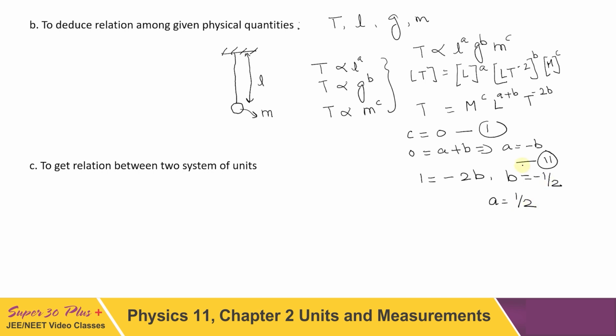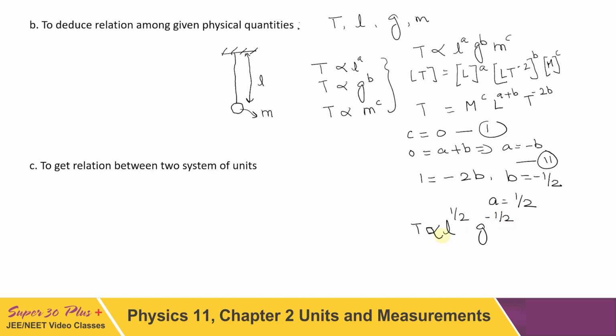If we substitute all these values, we will get T is equal to, c we had seen that is equal to 0. So it can be said that time period of a simple pendulum does not depend on mass of bob. Directly it will be L to the power a. What is a here? 1 by 2 and g to the power b, that is minus 1 by 2. This is in terms of dimension.